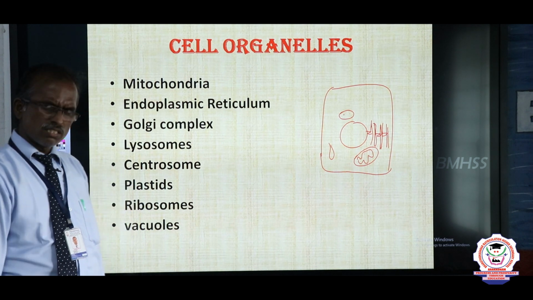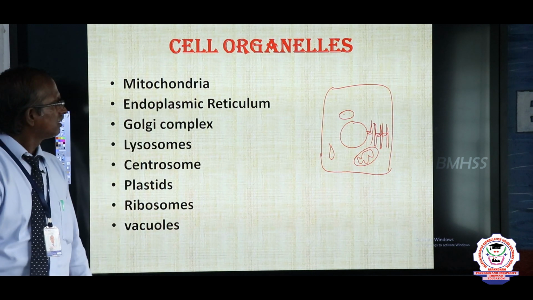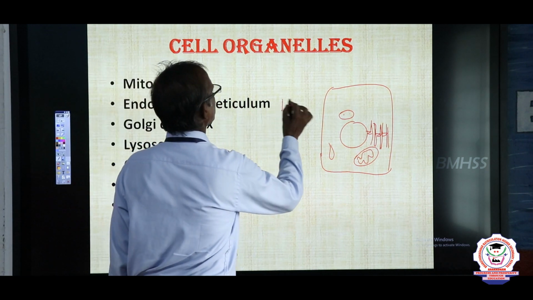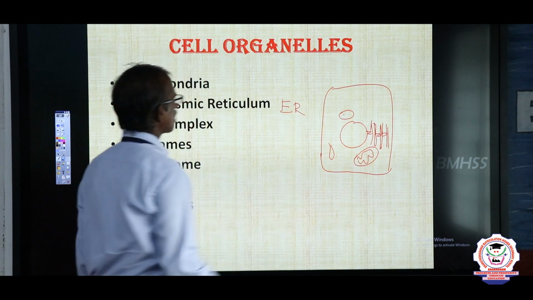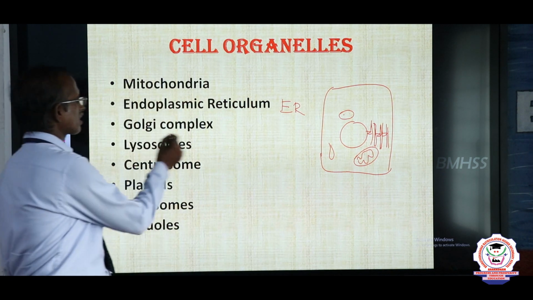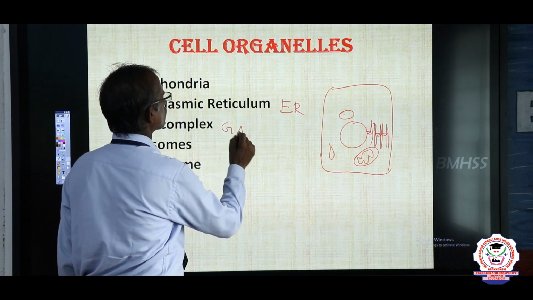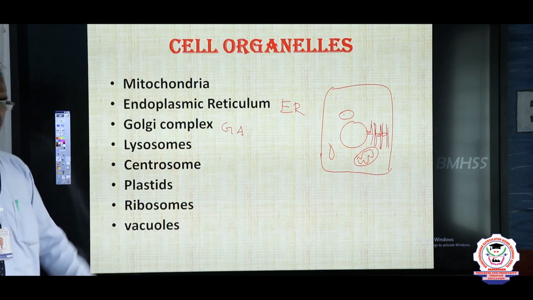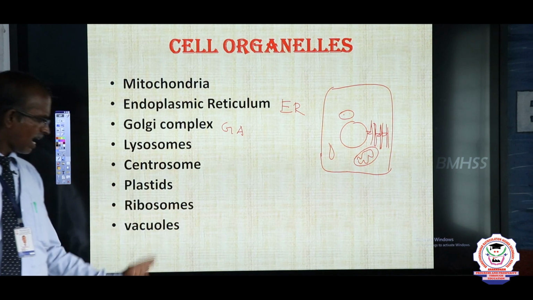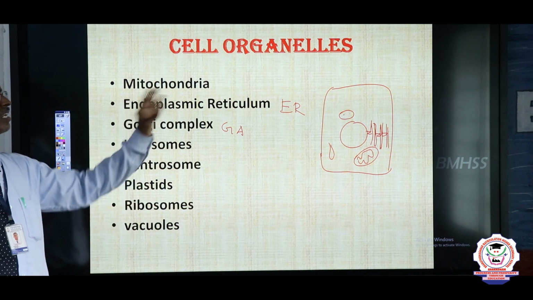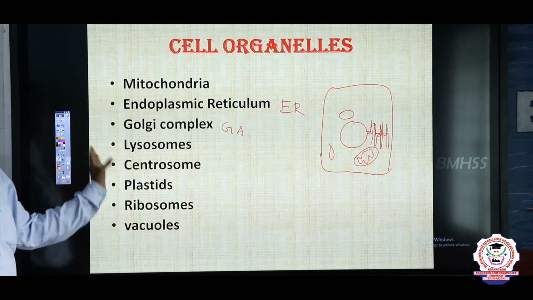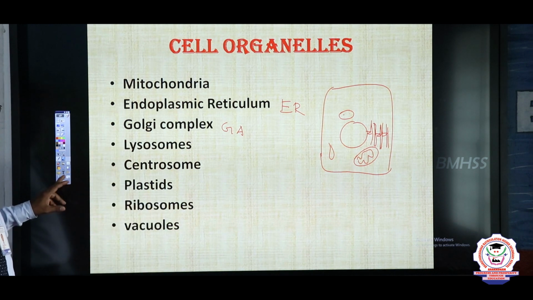The cell organelles include mitochondria, endoplasmic reticulum, shortly called ER, Golgi complex, otherwise called Golgi apparatus, lysosomes, centrosome, plastid, ribosomes and vacuoles. These are cell organelles which are present in both the plant cell and animal cell. In some cases there are some exceptions.